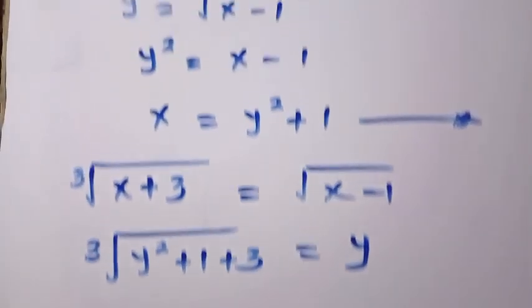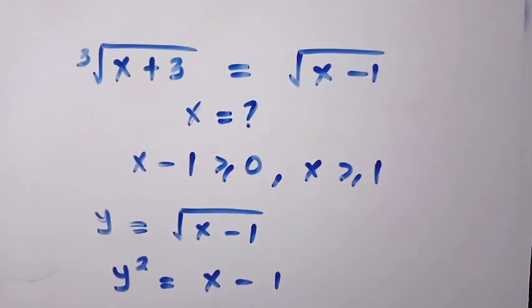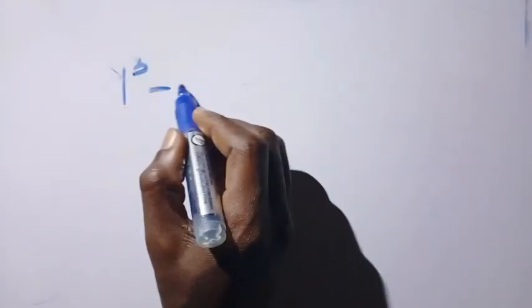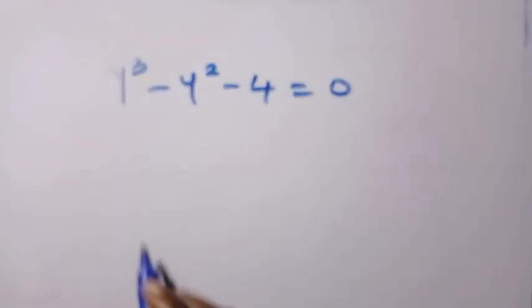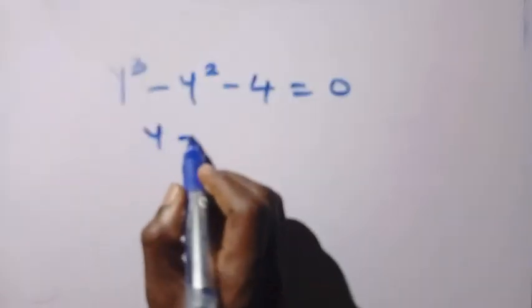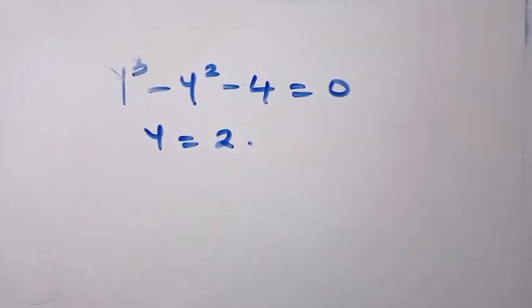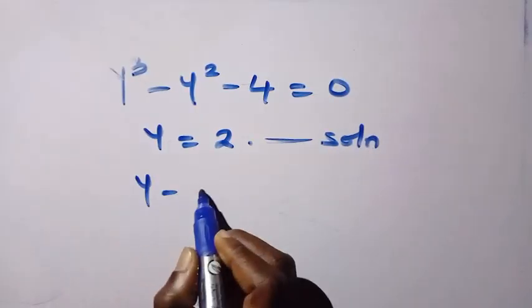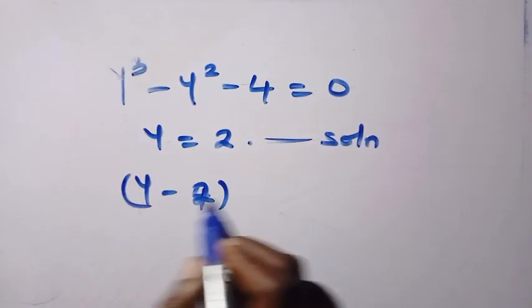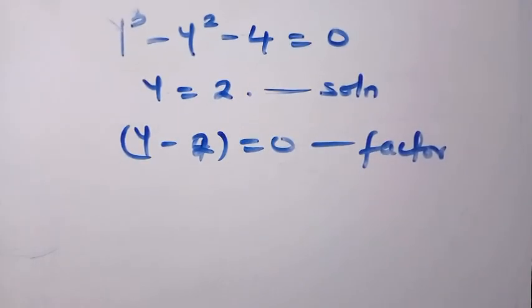After getting that, we recall that since it's a cubic, we need other values as well. From y cubed minus y squared minus 4 equals 0, one of the solutions is y equals 2. To get the other factors, if y equals 2 is a solution, then we know that y minus 2 equals 0 is a factor of this cubic.